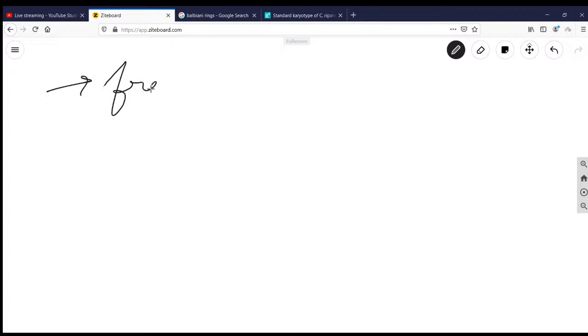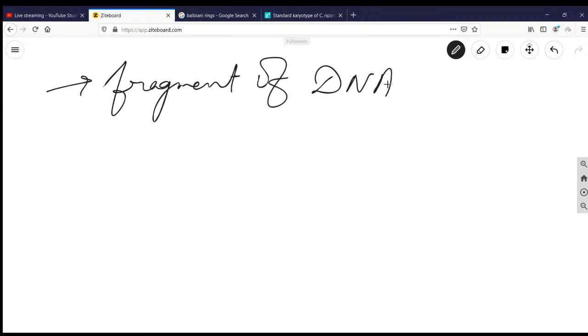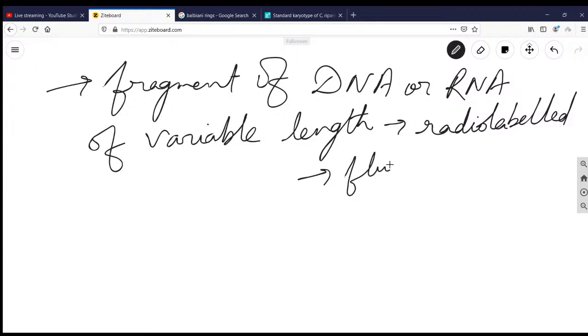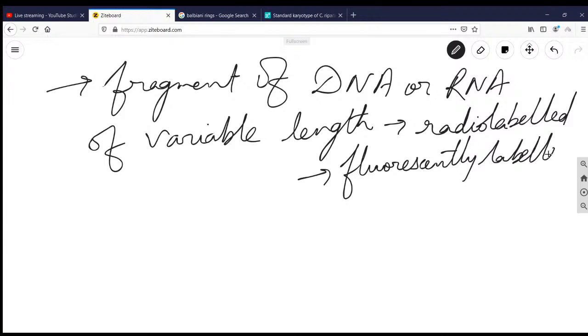of DNA or RNA of variable length which can be labeled radioactively or with a fluorescent dye, radiolabeled or fluorescently labeled, in order to view it.